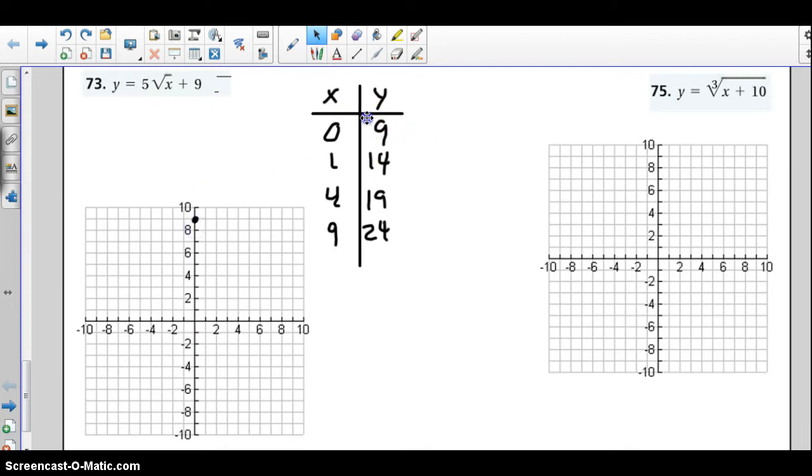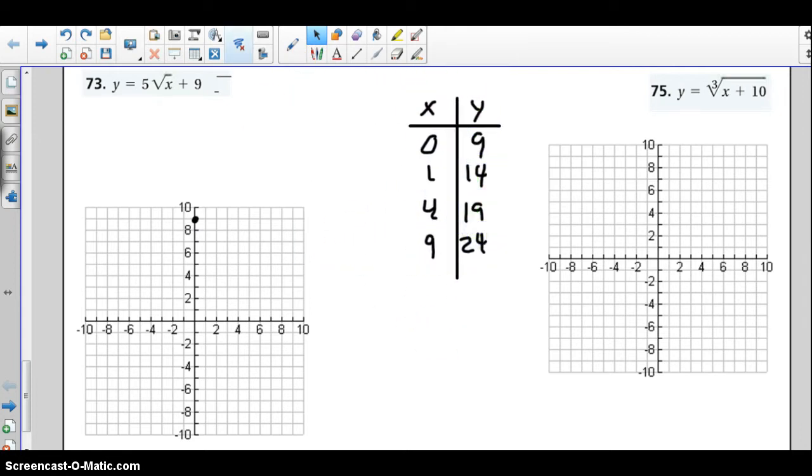Oh, I was hoping that whole thing would move there. All right, I'll get a little sneaky. 1, 14, about right here. 4, 19, about right here. And 9, 24, excuse me, about right here.